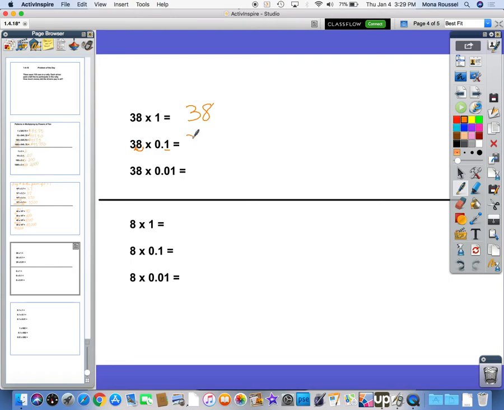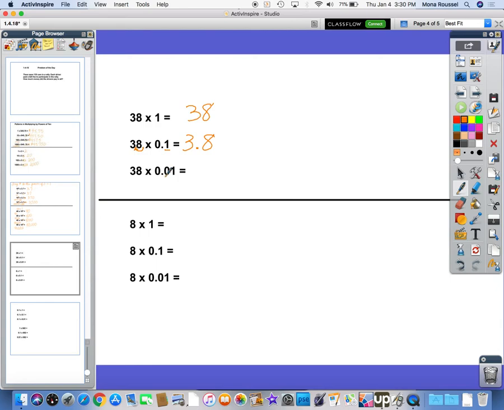So the decimal is now between the 3 and the 8, and it's 3 and 8/10. And you notice each of these digits in the original number 38 have moved to smaller place value columns. The 8 was in the 1's place, it's now in the 10's place. The 3 was in the 10's place, now it's in the 1's place. So we were successful there.